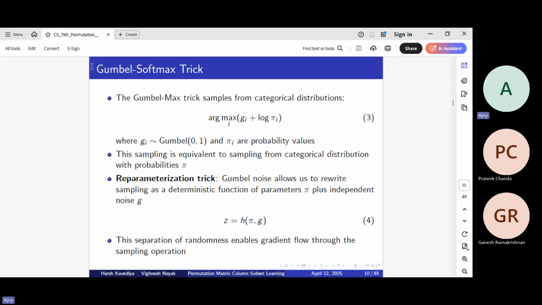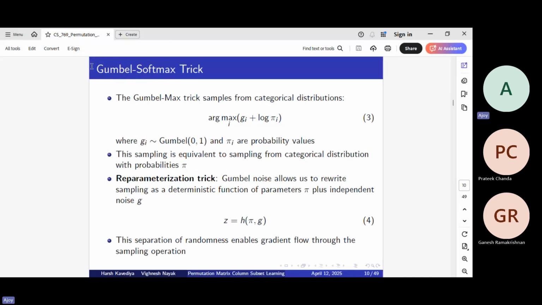Generally, when we sample from a categorical distribution, it is a random process and it is not differentiable. So we use the Gumbel max trick, where we add Gumbel noise to the log probabilities of each category. This converts the sampling operation into an optimization problem. Sampling from the categorical distribution is equivalent to solving this optimization problem.